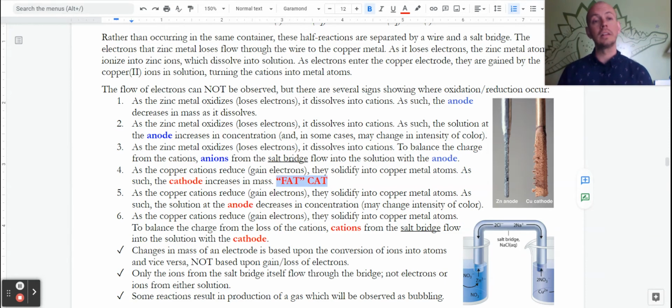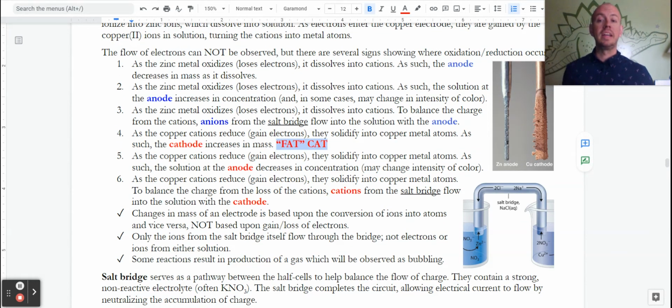That means any color associated with that may decrease. Copper solutions do have a color, so that would actually fade in color as the reaction proceeds. As they gain those electrons, the positive charge goes away. So we have to compensate for the loss of positive charge. The positive cations in the salt bridge flow towards the solution of the cathode.